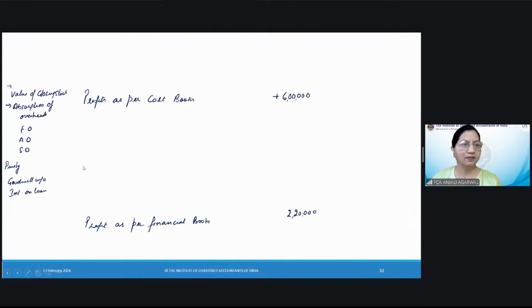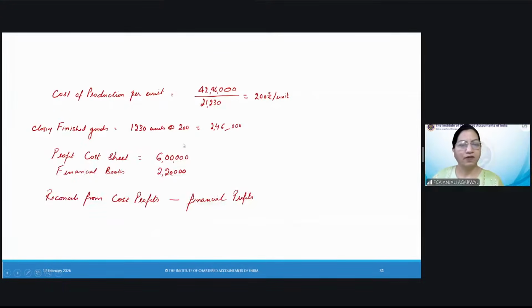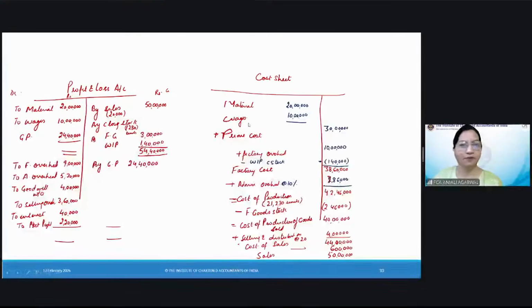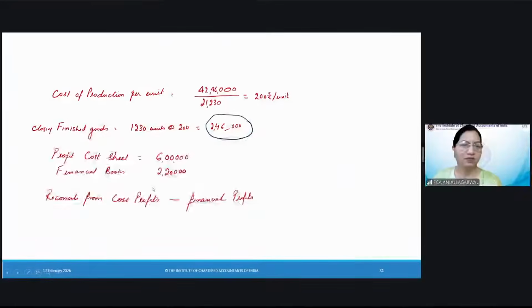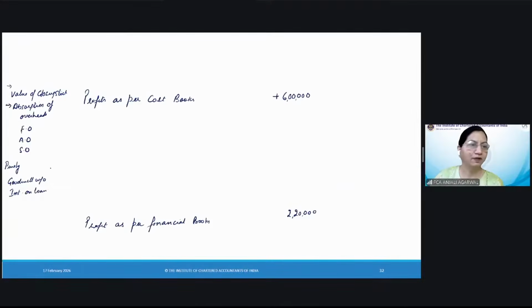First, let's take up this. The value of finished goods is 2,46,000 in costing, whereas it is 3 lakh in financial. So closing stock is overvalued. And what will you do for that?